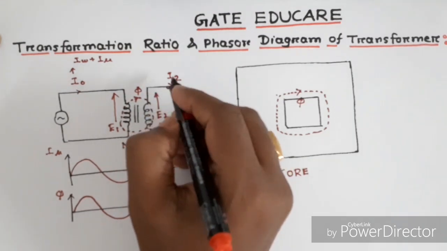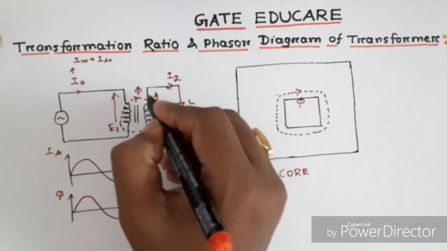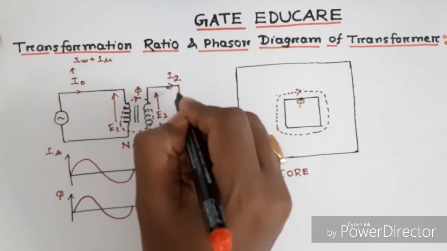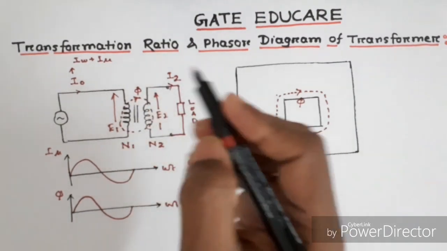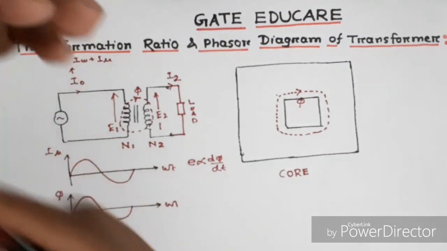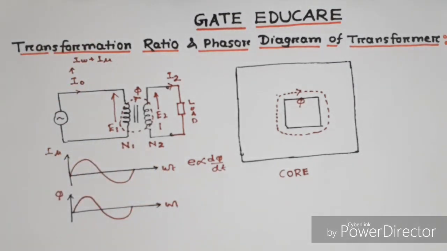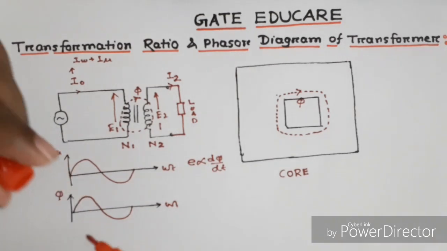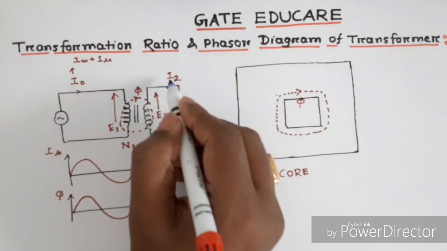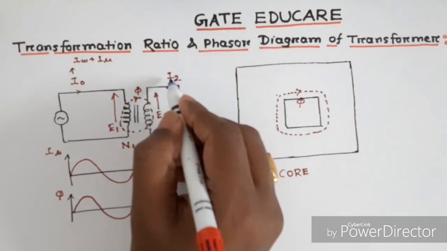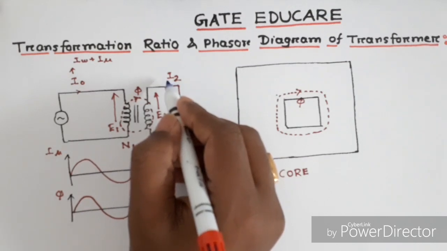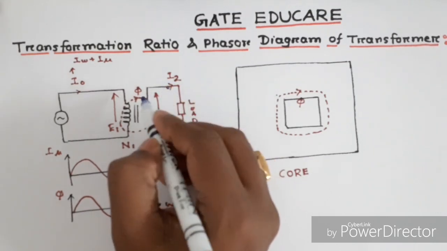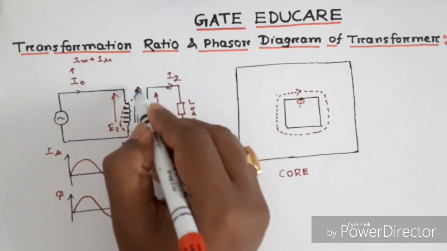Now, whenever there is a current, a flux will be produced. Due to this current, a flux phi 2 will be produced in the transformer secondary winding. The direction of the flux phi 2 will try to oppose its cause, and the cause of phi 2 is phi.